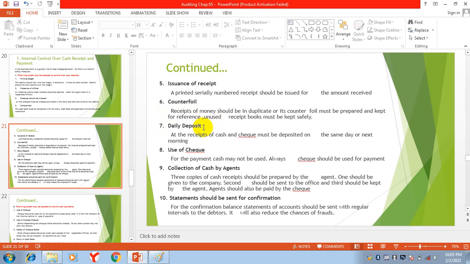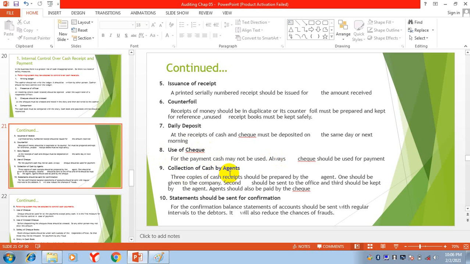Daily deposit: when a check or cash is received, you will deposit that check or cash on the same day or next morning in the bank. Use of check: whenever you are making payment, that payment will be made through check. When there is payment through check, there will be a proper record of that.